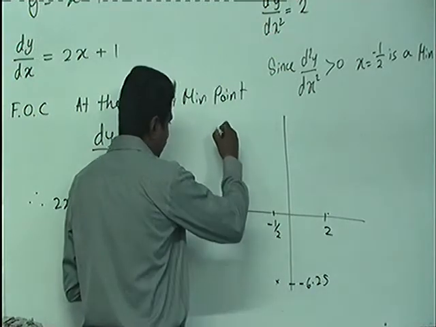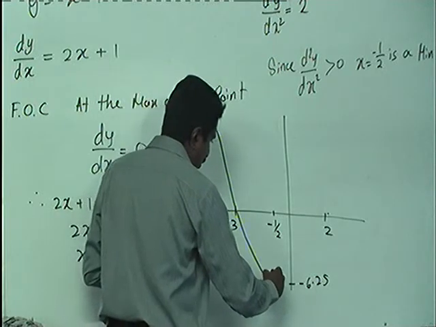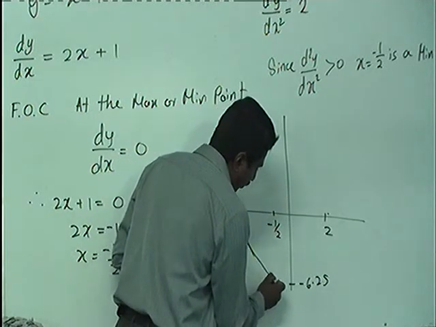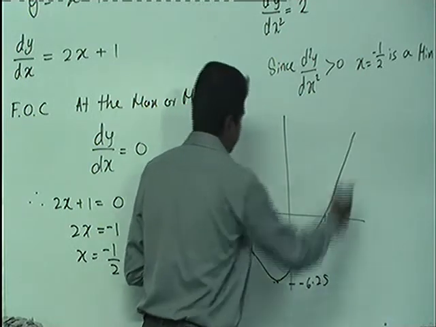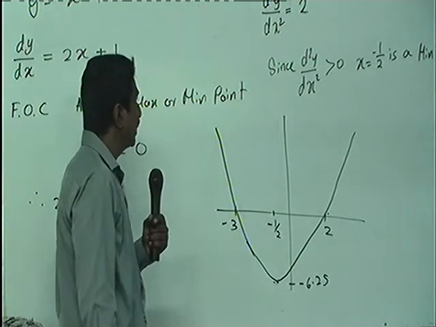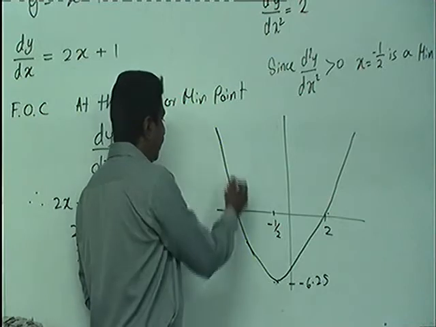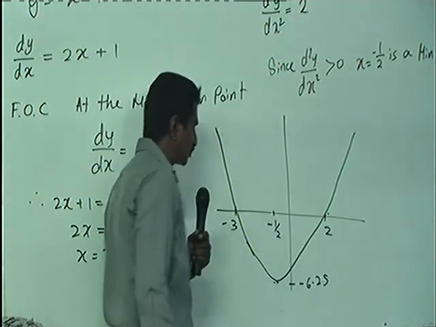So the curve comes from here, goes through the minimum point, and again goes through this one. Since this is an x squared curve, this is a symmetric curve.